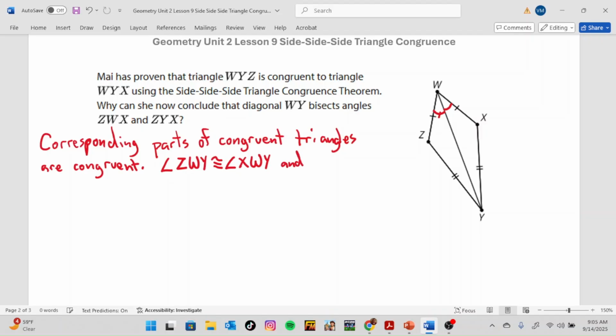And we know that angle ZYW is congruent to angle XYW.